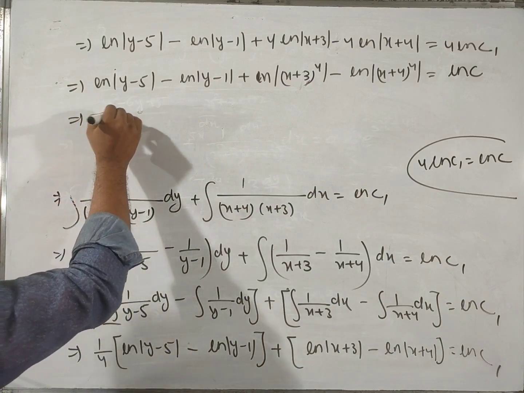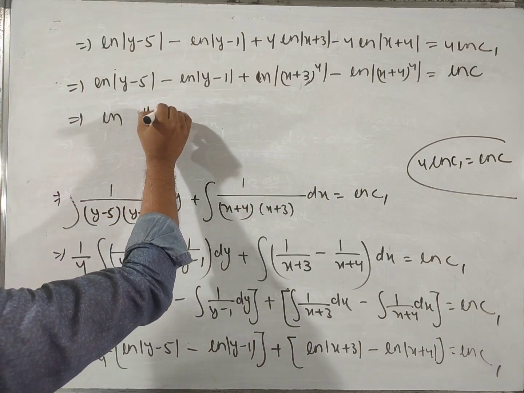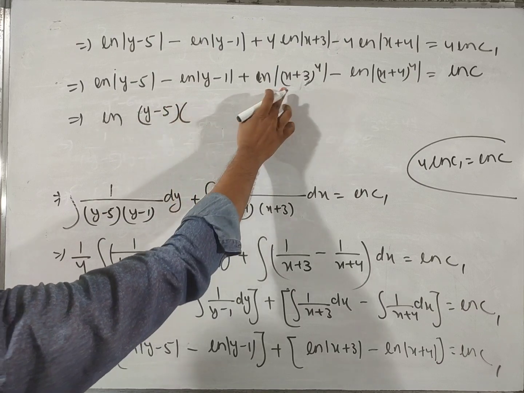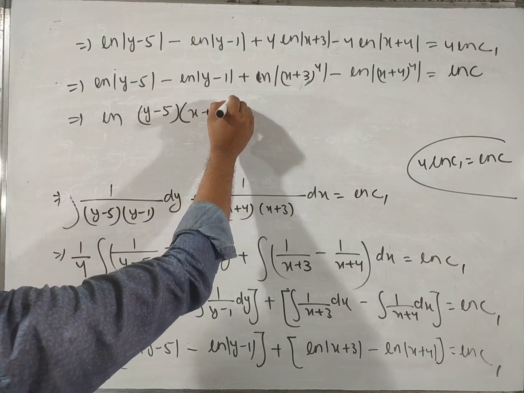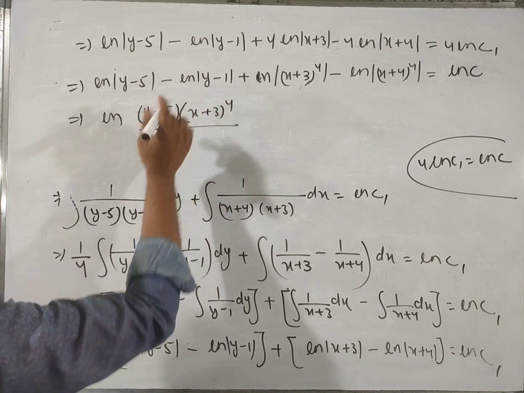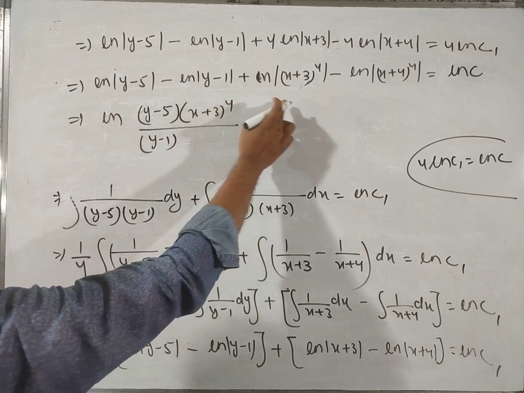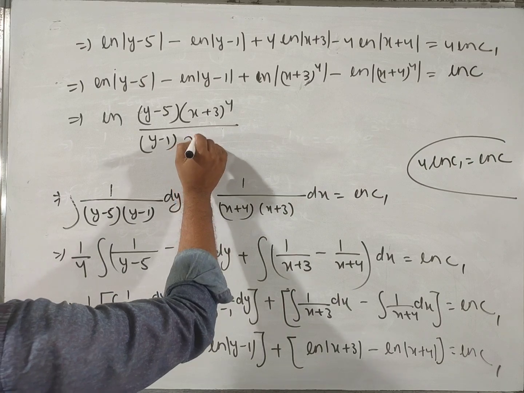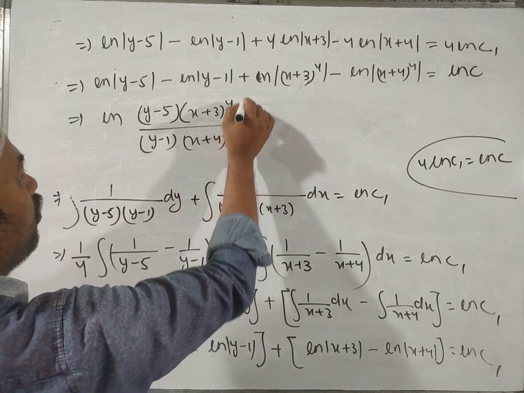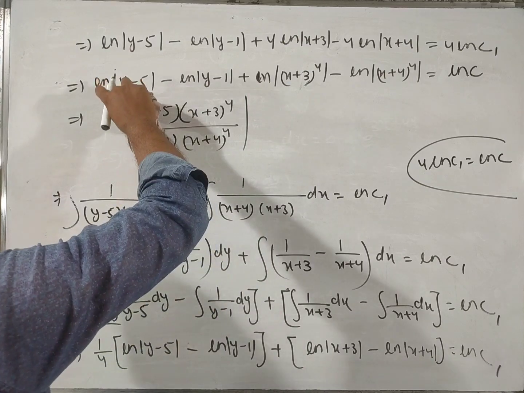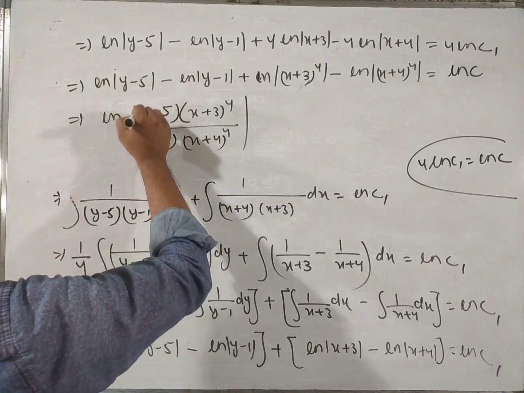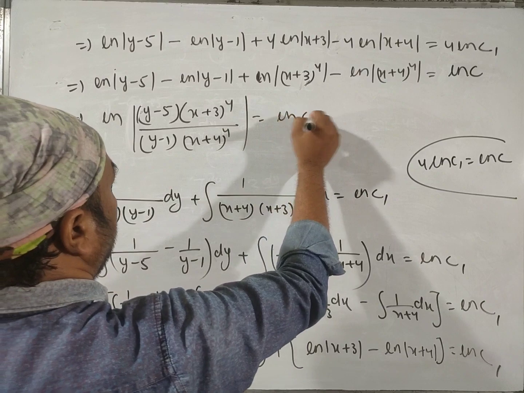Then simplifying, we can have ln y minus 5, then here it is a positive sign, so multiplied with x plus 3 to the power 4 divided by y minus 1, and here it is a minus sign, so it is x plus 4 whole to the power 4, by applying the properties of logarithm, it is ln c.